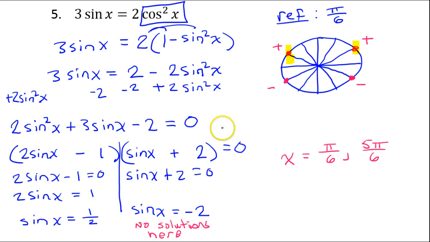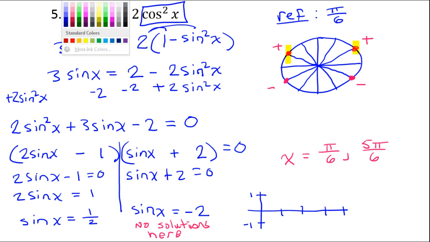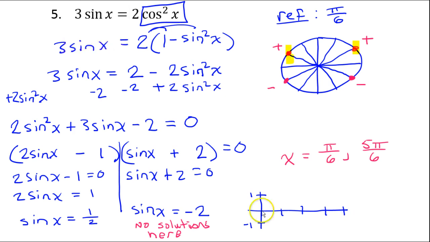And that's because if you think about how the sine function works, we used to graph these, and when we would graph the sine function, it would go like this. The sine function would start at 0, and it would go up to 1, and it would go back to 0, and it would go down to negative 1, and it would go back.